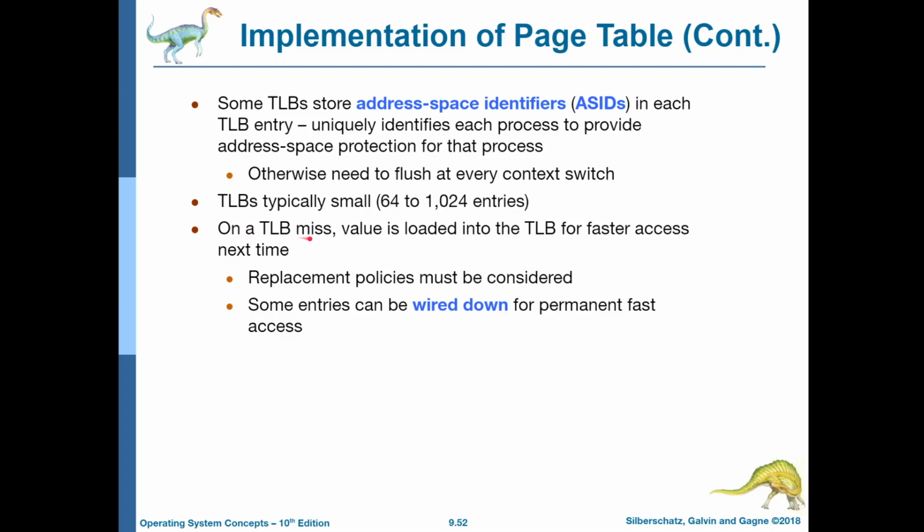But when the memory management unit accesses the page table, it also copies the page table entry into the TLB so that any subsequent accesses to that particular page number will have a TLB hit, meaning that it found the entry in the TLB and it's able to access it very quickly.